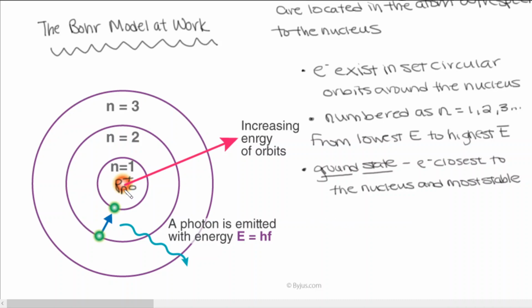However, when we give these electrons energy, so here's an electron in the n equals 1, either through heat in the Bunsen burner flame or when we electrified them in the gas discharge tubes, these electrons can move away from the nucleus. Like they can move out, for example, from the n equals 1, maybe out to the n equals 3 energy level. We call this the excited state.